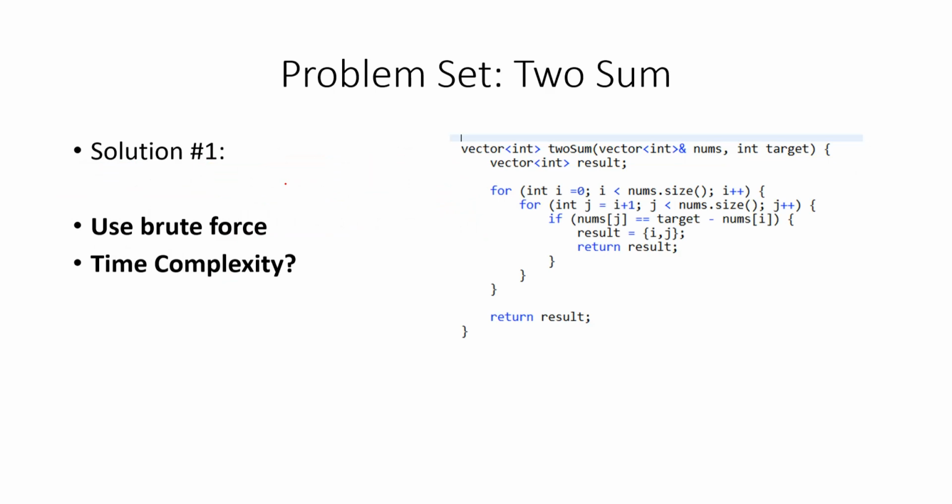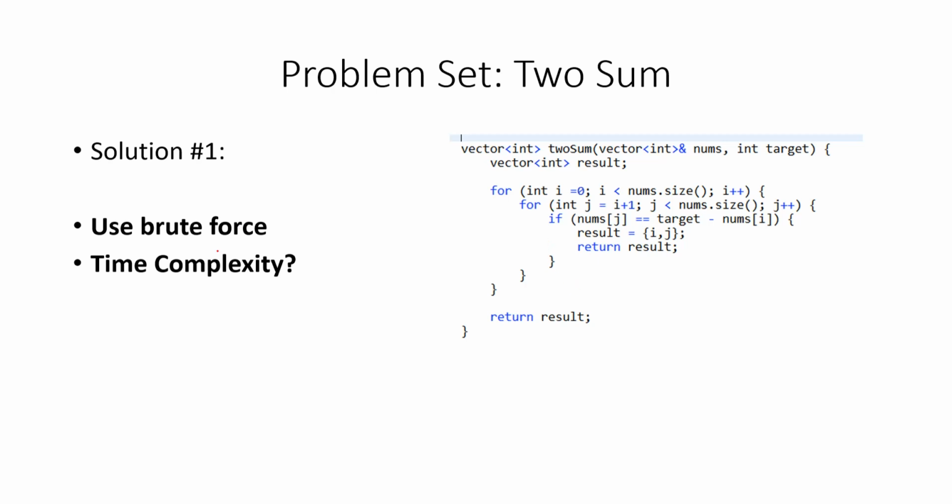So the first solution is to use brute force. So what is brute force? Brute force means that we try every possible way to solve that problem. So we take every element and add it up with all other elements, and we see if that is equal to the target or not.